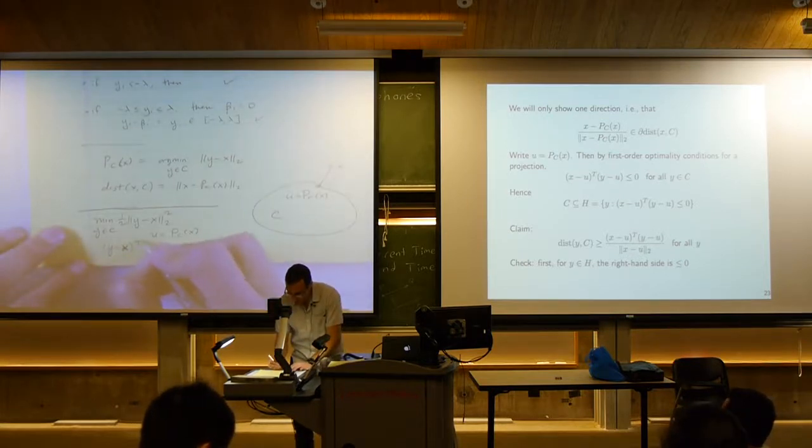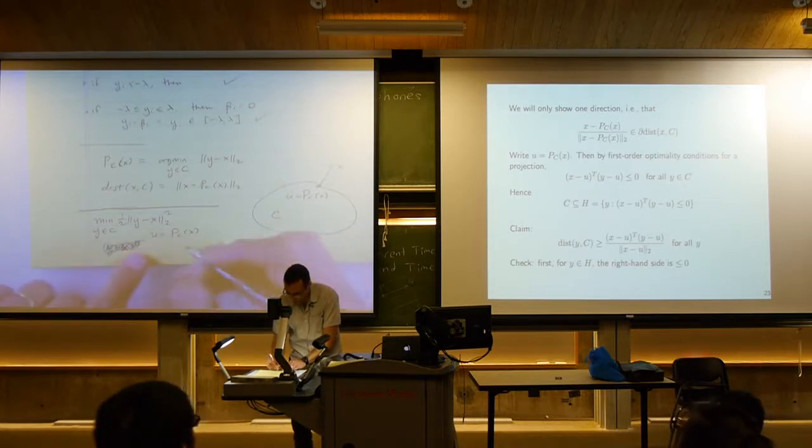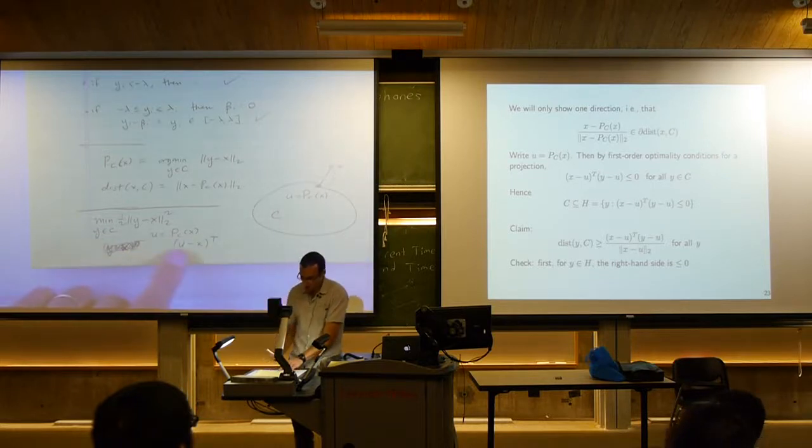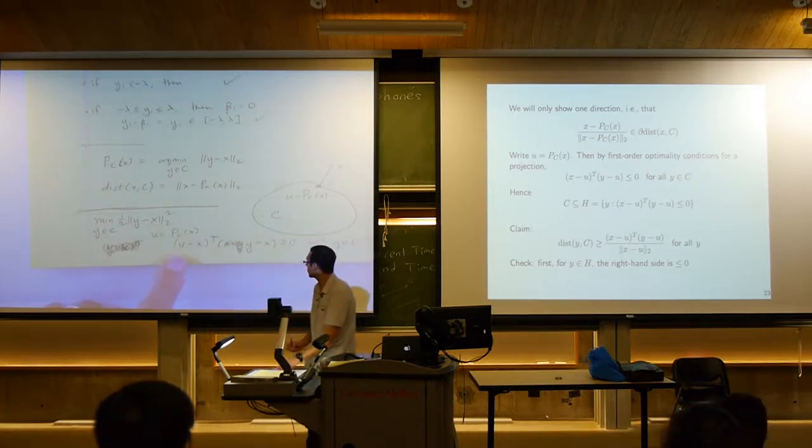Let me look at the gradient at the optimal point u. The gradient of my loss function at the solution u, transpose y minus x, must be bigger than or equal to 0 for all y in the set C. This is the first order optimality condition, right?